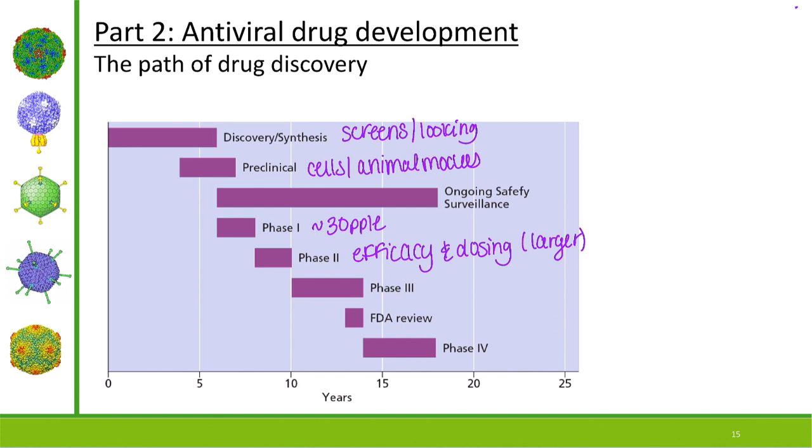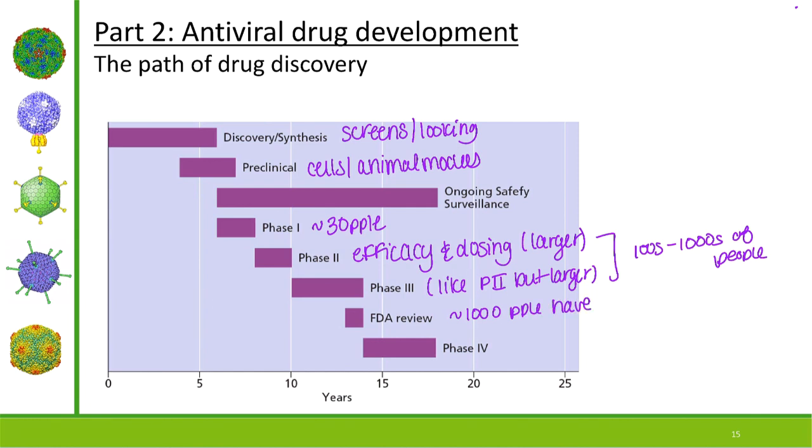And then they move into phase 3, and phase 3 is like phase 2 but larger. And typically for phase 2 and 3, you'll have hundreds to thousands of people. Again, fully depends on the clinical trial. And by the time we get to the FDA review, only about 1,000 people have tested the drug.